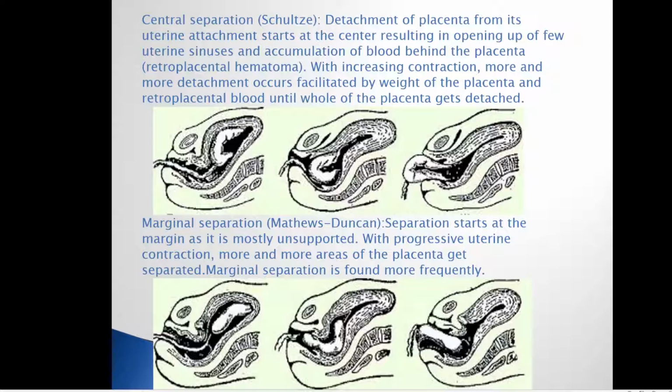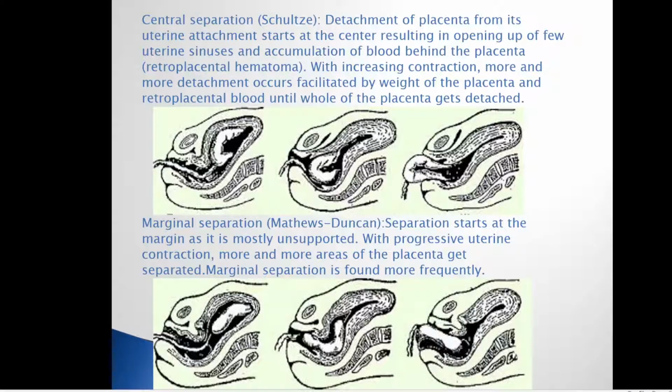Before management, we will discuss the types of separation. It may be central or marginal. Both of them are physiological types of separation. Central separation, or Schultze separation, is detachment of the placenta from its uterine attachment starting at the center, resulting in opening up of a few uterine sinuses and accumulation of blood behind the placenta, with formation of a retroplacental hematoma.